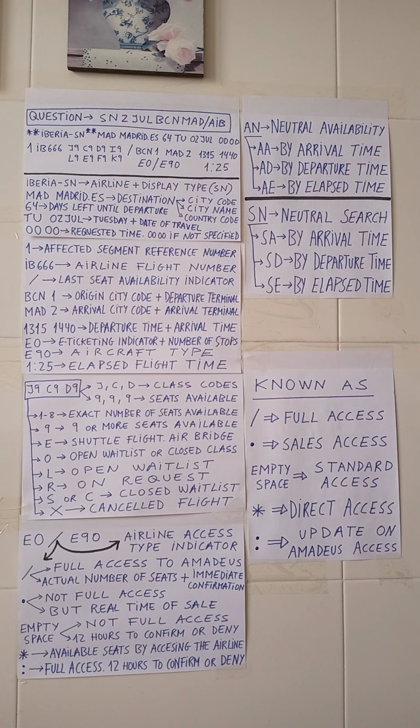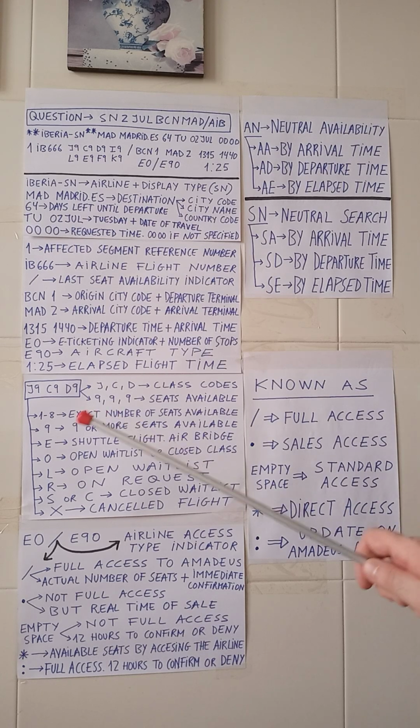L would appear replacing the number of places in a specific class when we only have an opened waiting list. R would appear replacing the number of places in a specific class when it is on request.